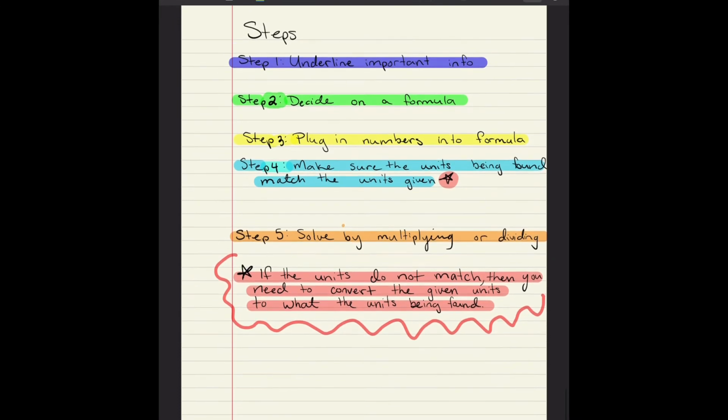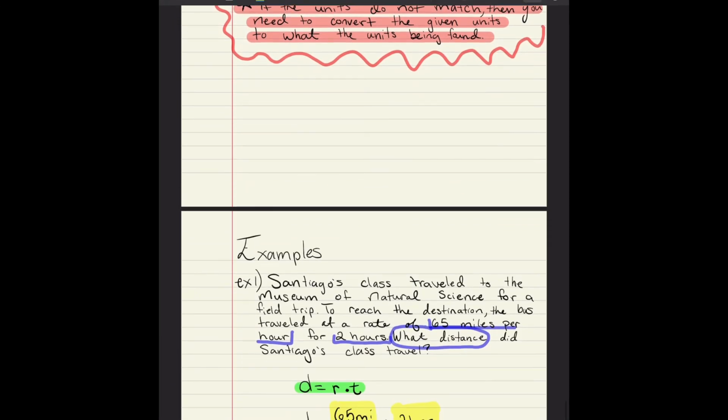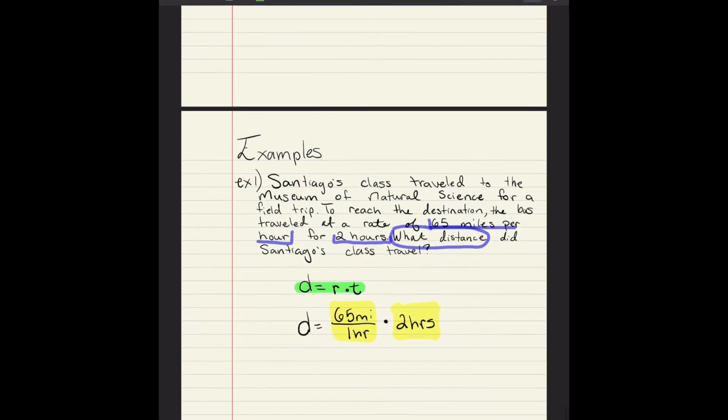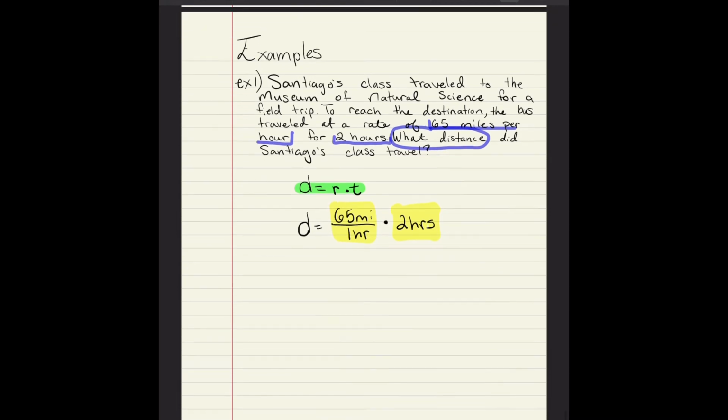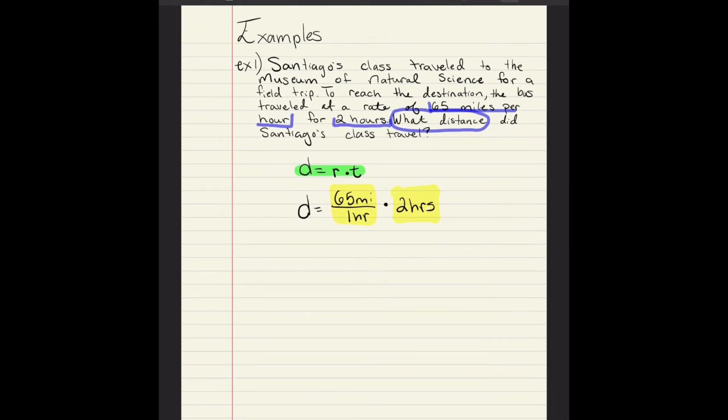Now step 4 is to make sure the units being found match the units given. The unit being found, they're wanting us to find distance, so we're going to have it in miles. So to get rid of that, we need to get rid of hours and hours, right?